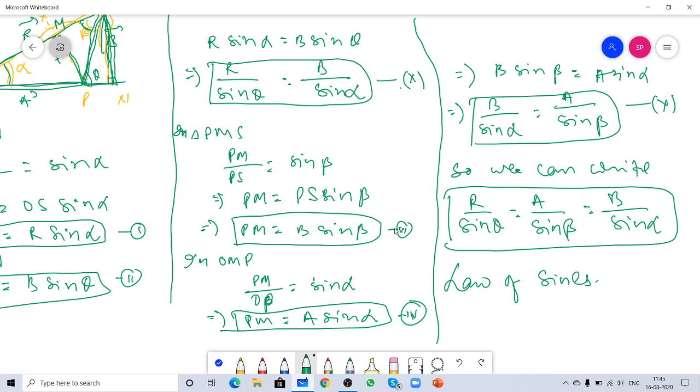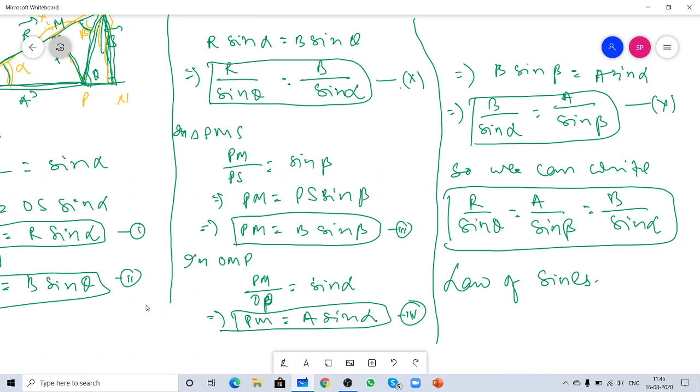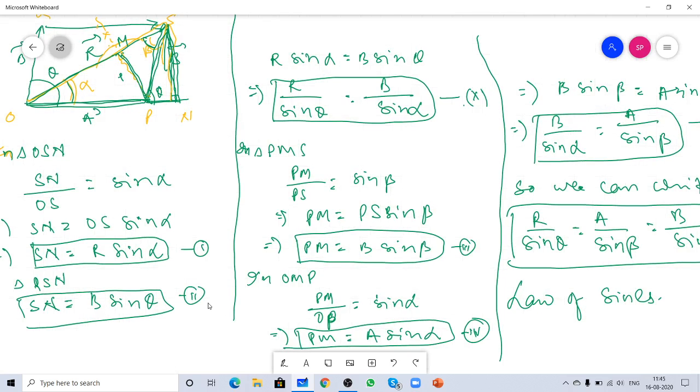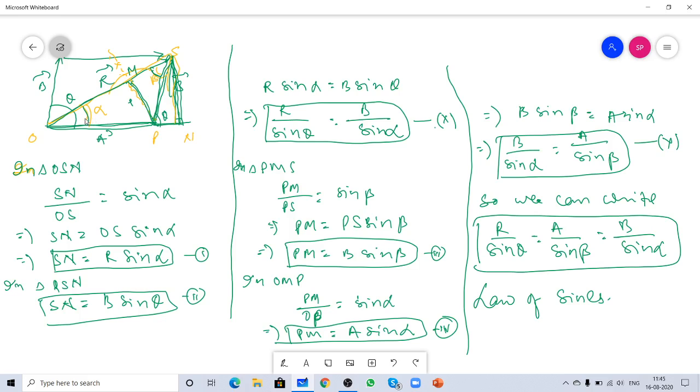Now to remember this law easily, you can use one trick. You can see R by sine theta. R is the hypotenuse, so it will be related to theta.